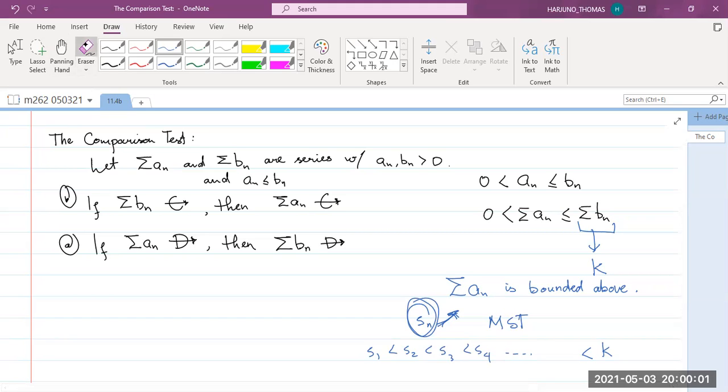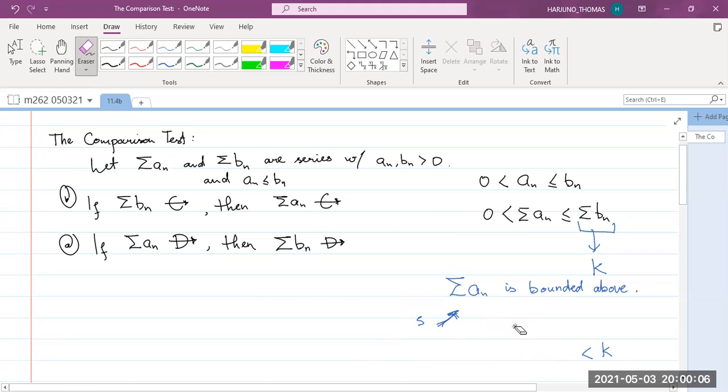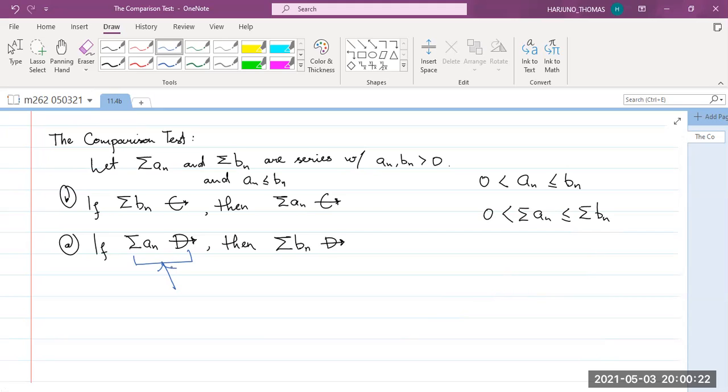Now, using the same reasoning, you will see that for the second part, if it is divergent, it will diverge to infinity. Why? Because it's positive terms, you can only increase.